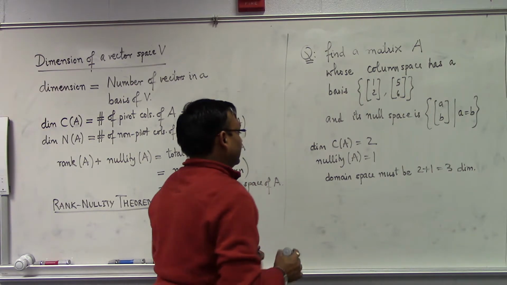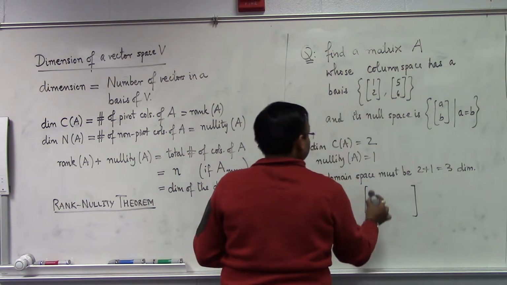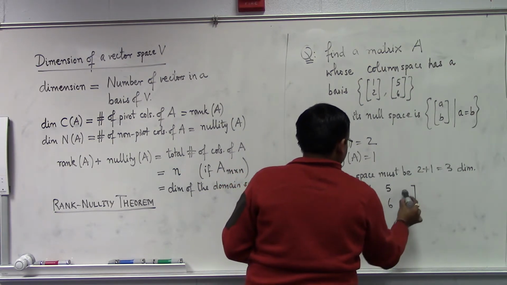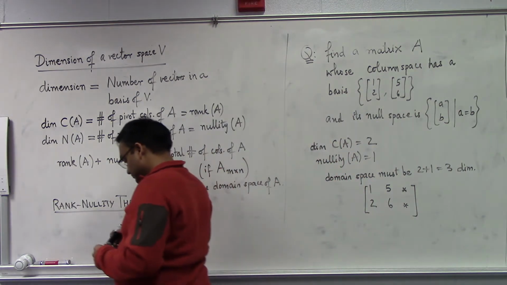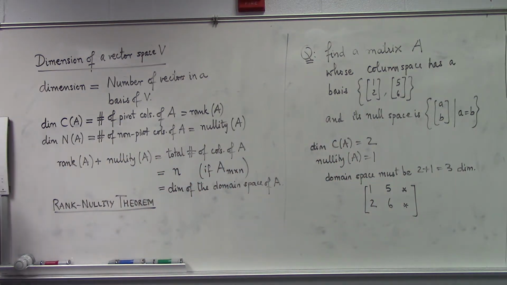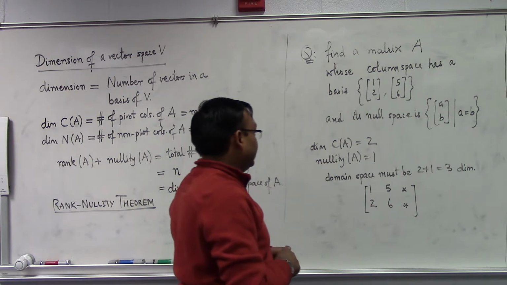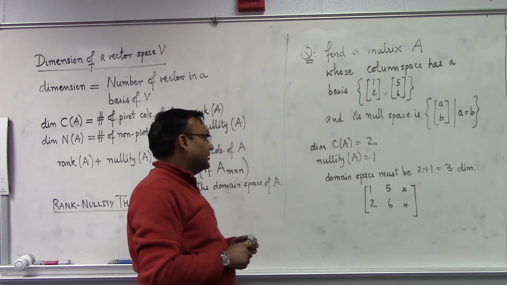So whatever matrix you are thinking about, it has to have 3 columns. So you need (1, 2), you need (5, 6), and you need something over here. Question is, can you put something in over there so that you get what you want, the null space equal to that and the column space equal to that?